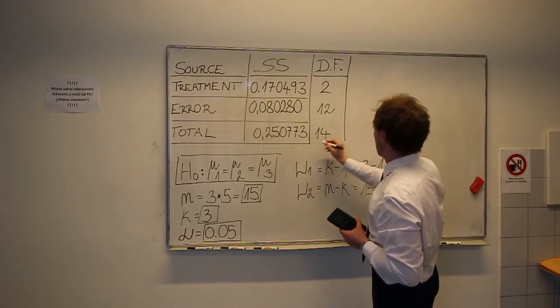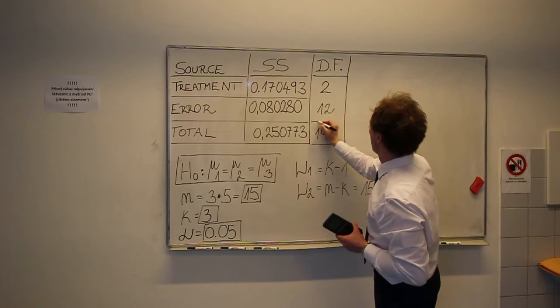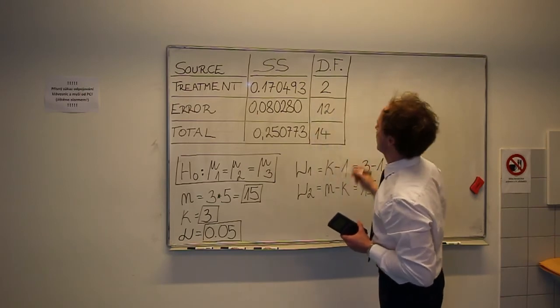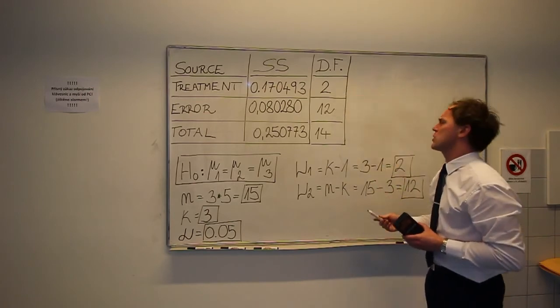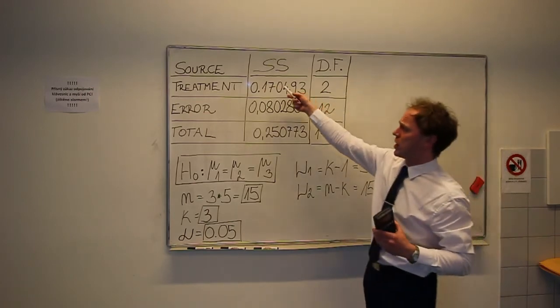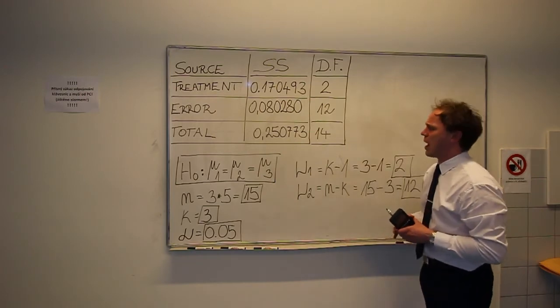So this is another column, but the most important are this value of degrees of freedom and this value of degrees of freedom, and treatment and error sum of squares.